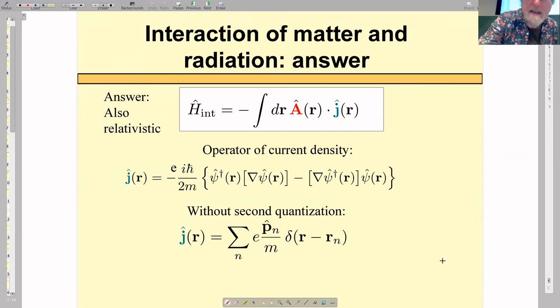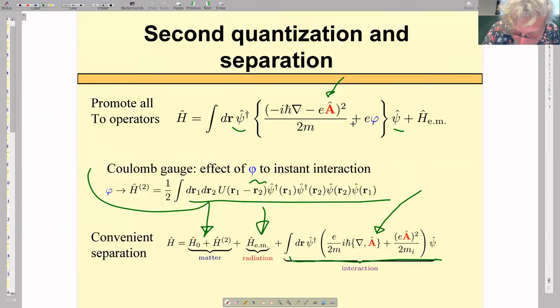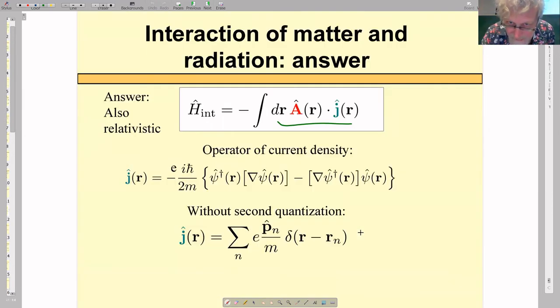Let me note that what we have here is eventually a gradient. The gradient is an operator of momentum, and if you divide it by mass, you get velocity, and if you get velocity, you get the current flow. So let me just replace it by the operator of current flow. And that is easy to remember, right?